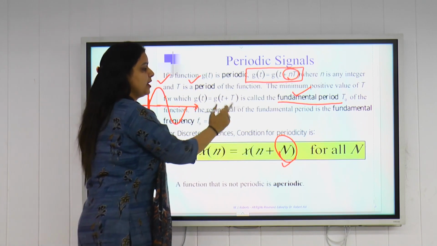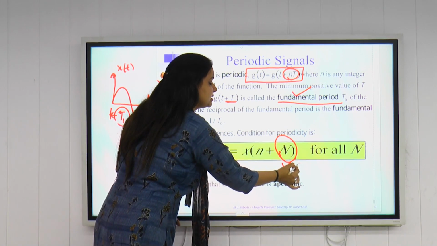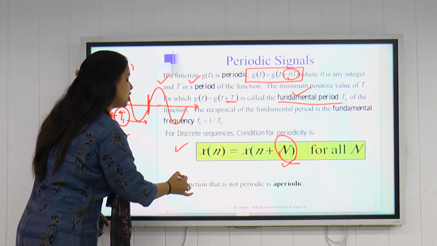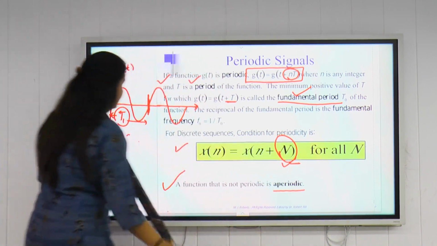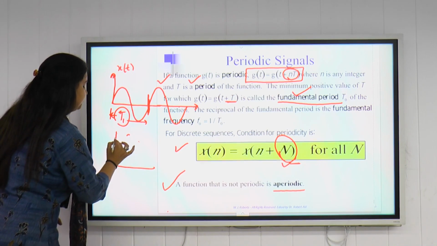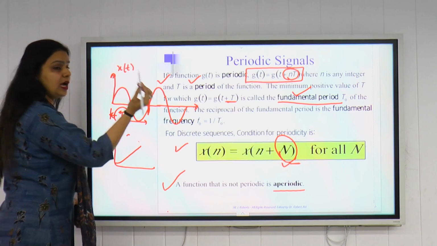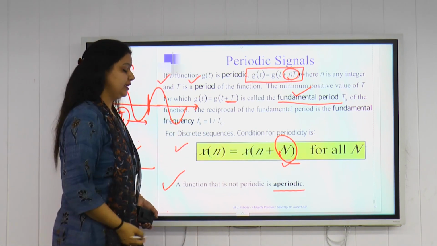In the continuous, we have T as the fundamental period, and in discrete, we have N as the period. Those signals which do not repeat, which are not periodic, obviously are known as aperiodic signals. Something like this. The signal is not repeating. Any signal which is not repeating after a certain instant of time is known as aperiodic or non-periodic signals.